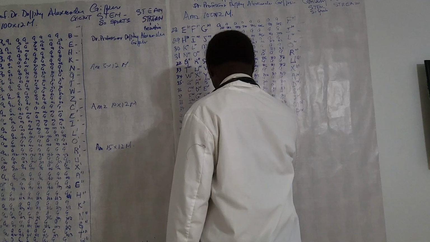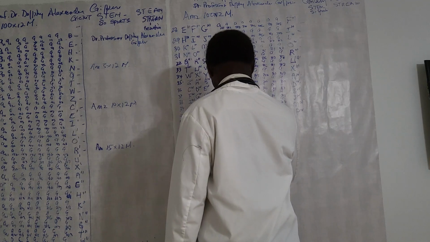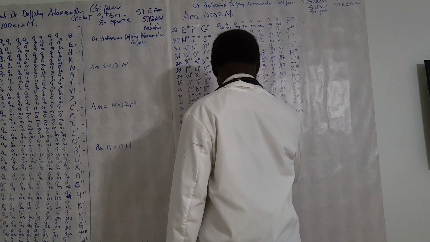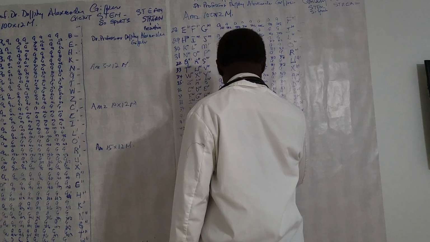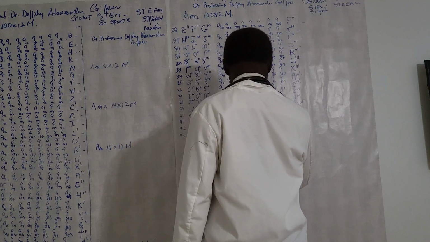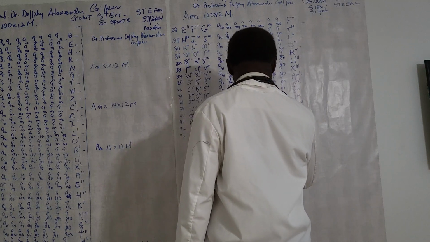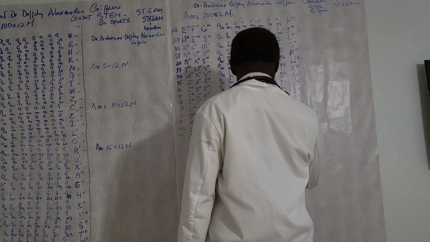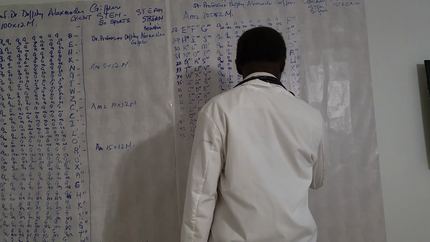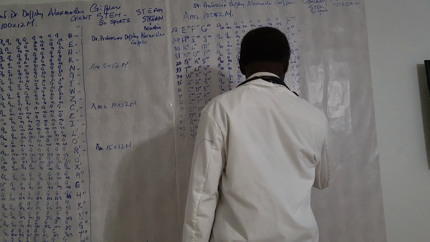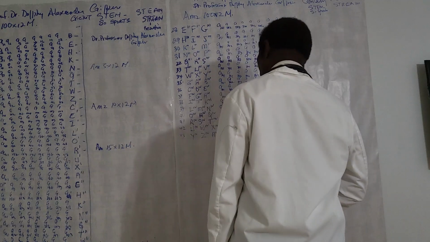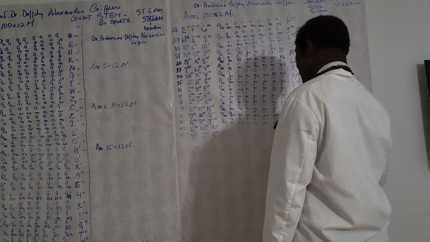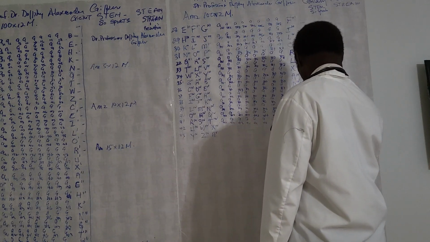So you have now A41-1, A41-2, A41-3, A41-4, A41-5, A41-6, A41-7, and A41-8. And what we have here now would be S IV.